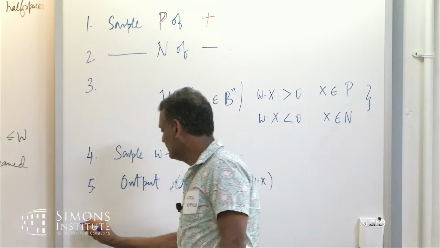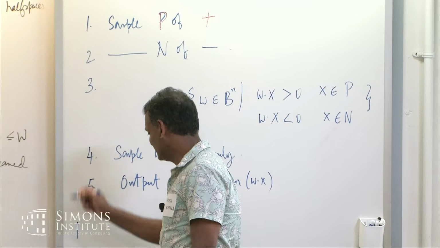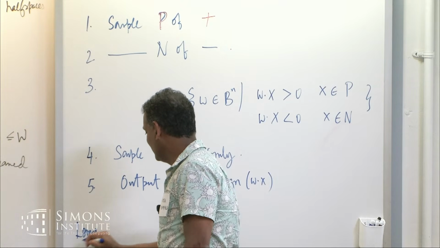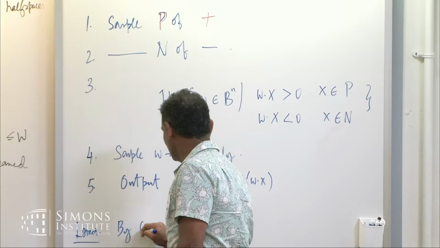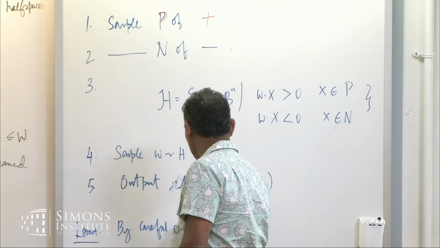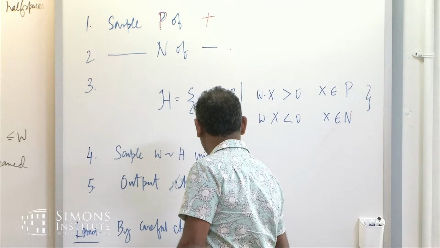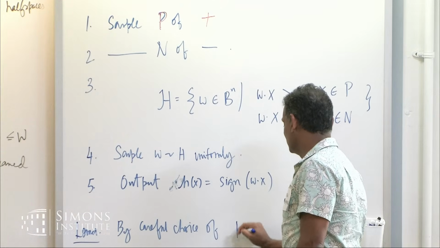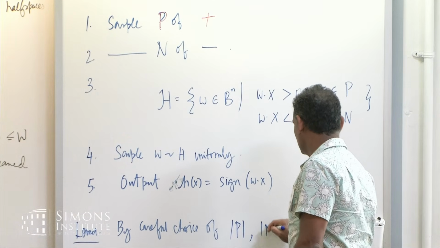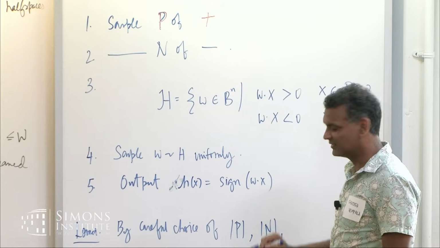And the theorem, or lemma, let's say, is that by careful choice of P and n, just the sizes, this is a weak learner.